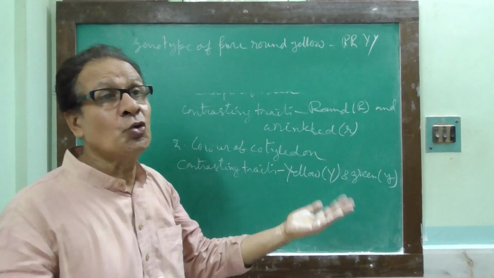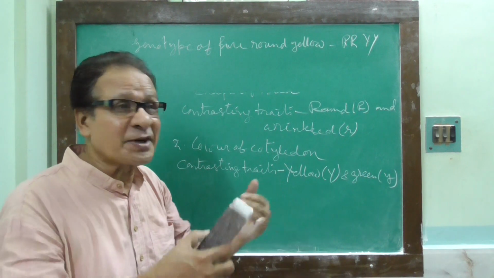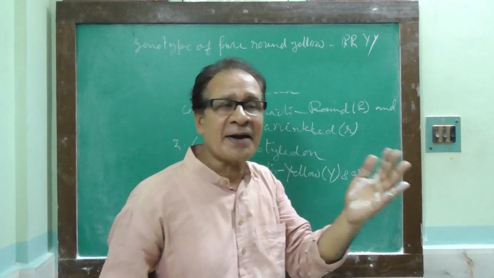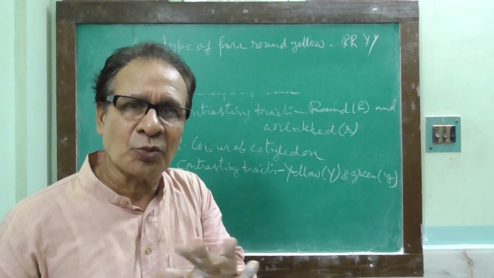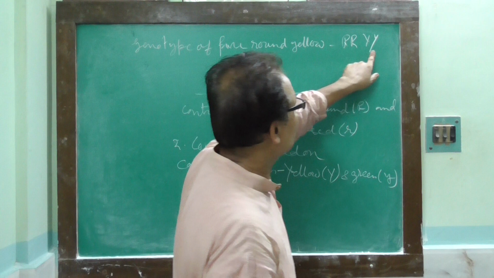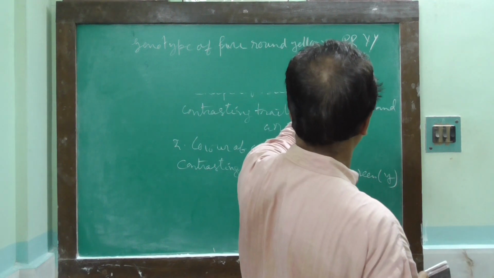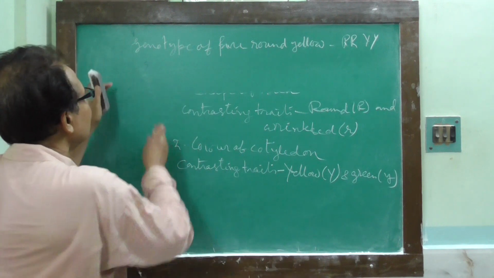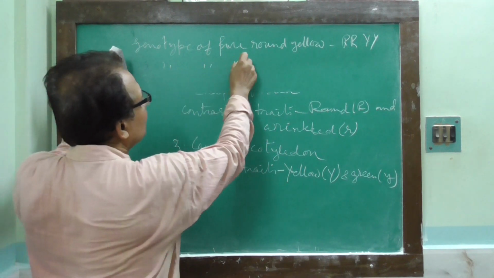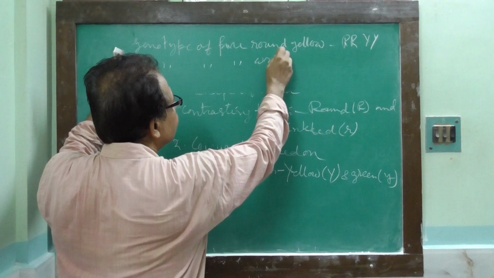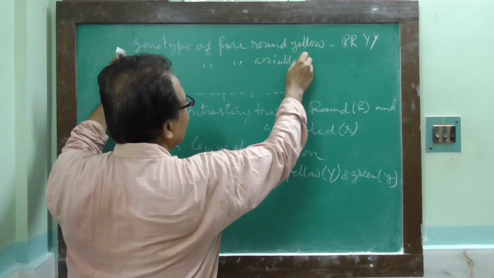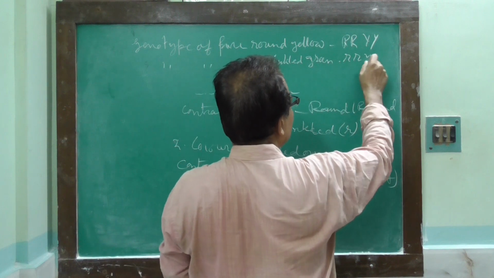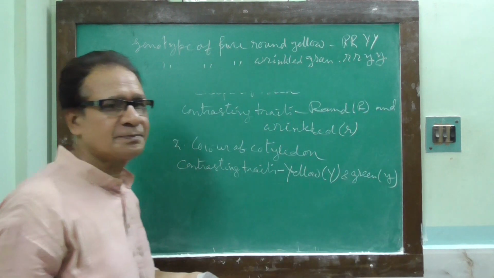As the two characters we take are present on different homologous chromosome pairs, that is why we write them separately. It is one pair of chromosome, it is another pair of chromosome. Similarly, genotype of pure wrinkled green seed, small r, small y.